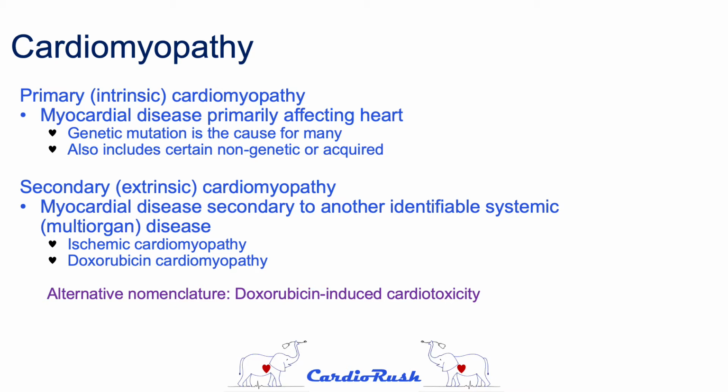And these are myocardial diseases secondary to some other identifiable systemic or multi-organ dysfunction. And so doxorubicin administration has the potential to result in something that looks like cardiomyopathy. And some people prefer to refer to this as doxorubicin-induced cardiotoxicity as opposed to cardiomyopathy secondary to doxorubicin.